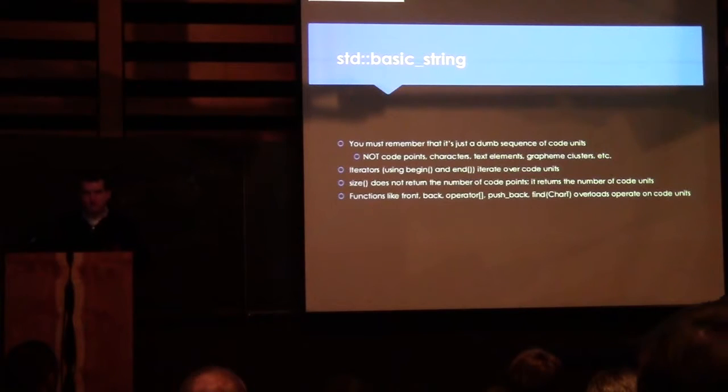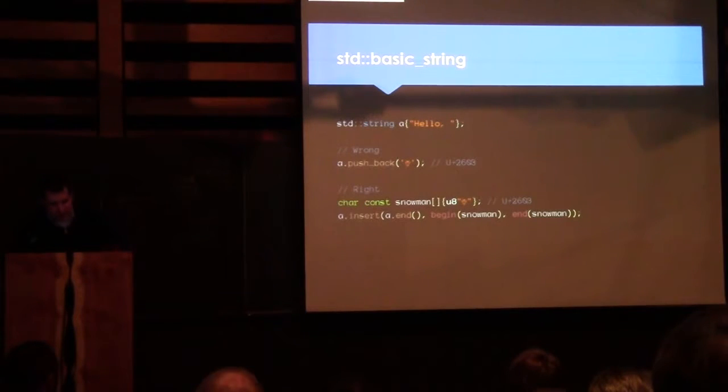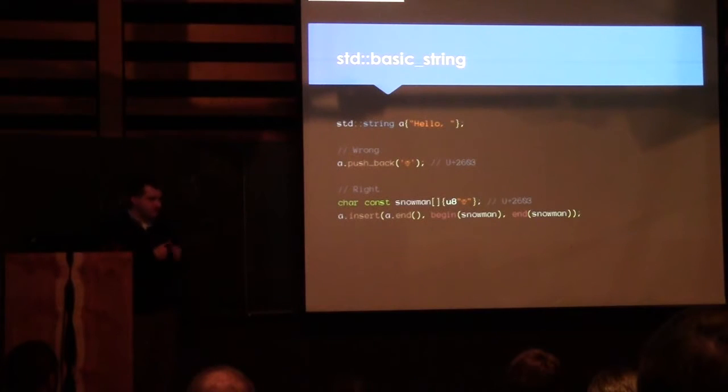If you have UTF-8 text in a std::string, that makes it rather inconvenient. As in my example, if you want to push back a snowman and say hello to it, you can't just call push_back. You have to have the snowman in a UTF-8 string and then copy all the elements onto the back. We could also have constructed a std::string and used plus-equals, or done any number of other things.